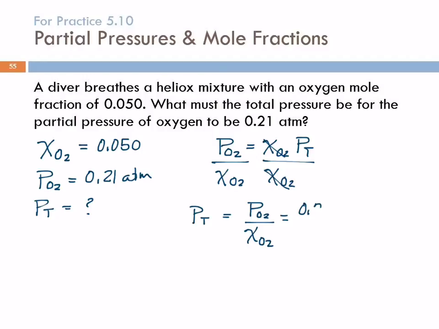So 0.21 atmospheres divided by 0.050 is 4.2. So with this particular heliox mixture, if you're breathing this at a pressure of 4.2 atmospheres, then you're going to be okay. You're going to have a good level of oxygen. Any questions?